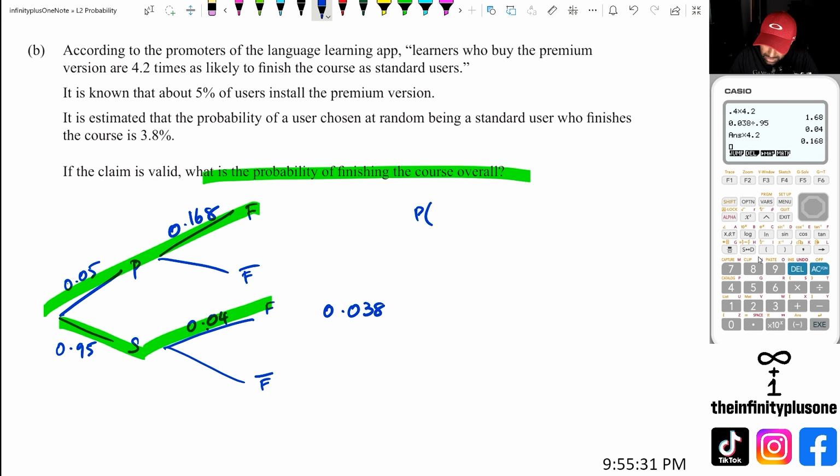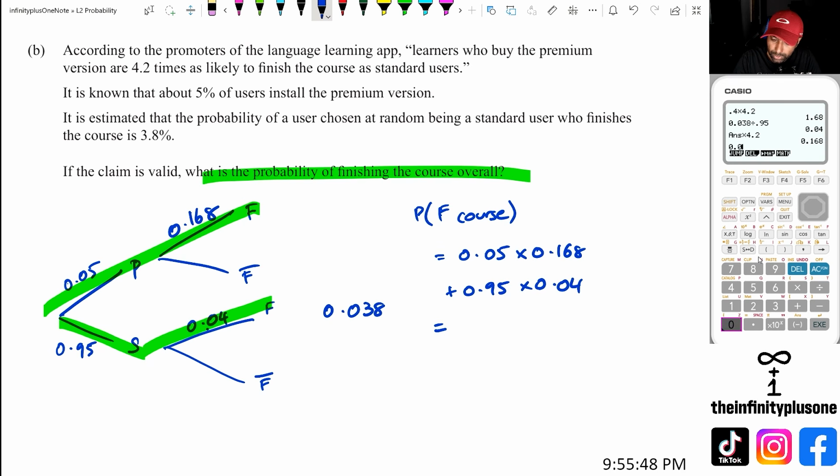So probability of finishing course is equal to 0.05 multiplied by 0.168 plus 0.95 multiplied by 0.04.